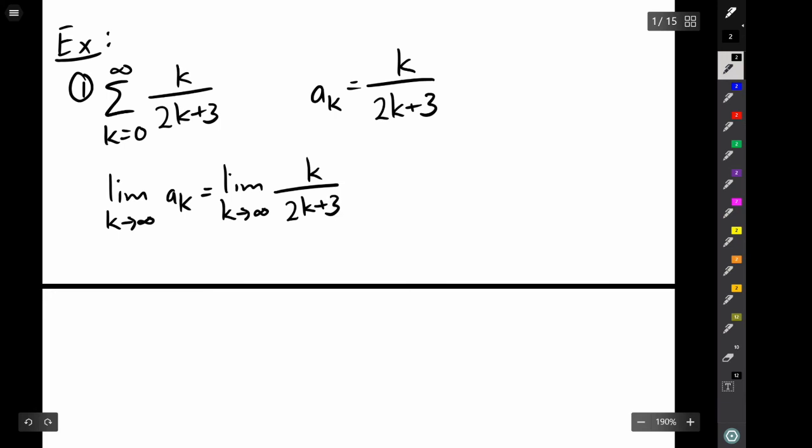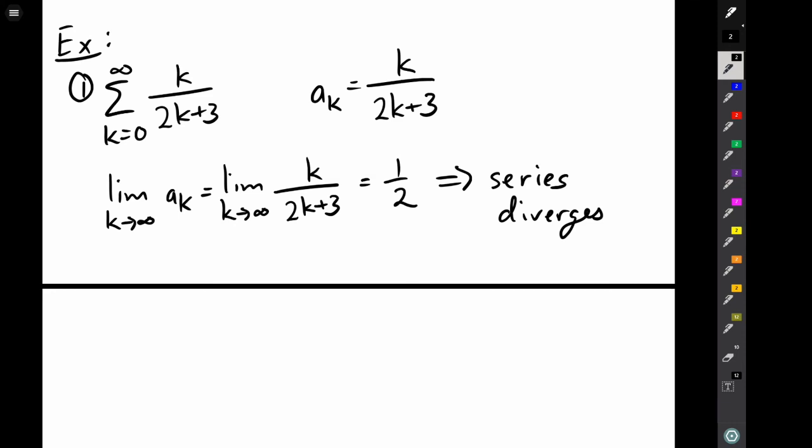Think back to how we compute limits. We know this is 1/2. And so this means the series diverges. The divergence test says that since this limit is not 0, this series must diverge.